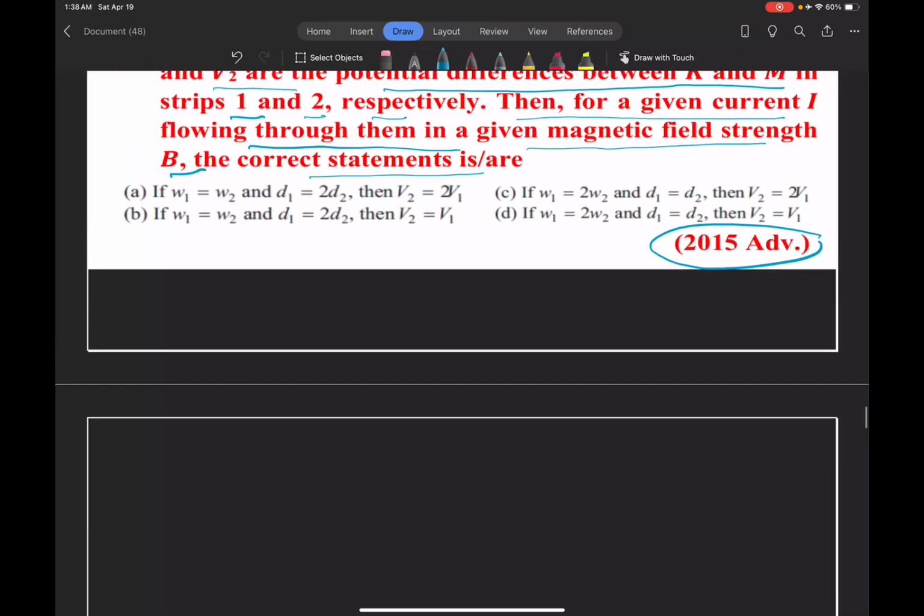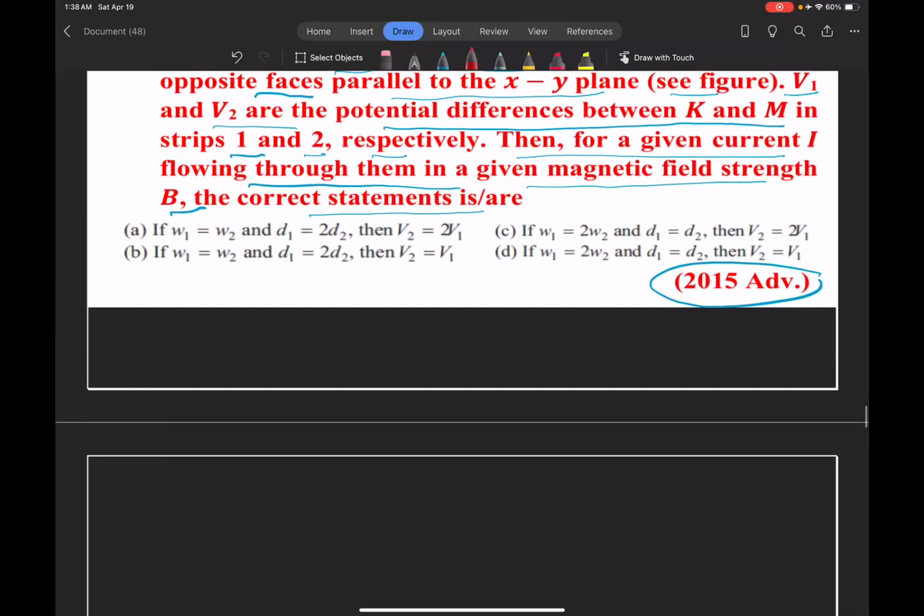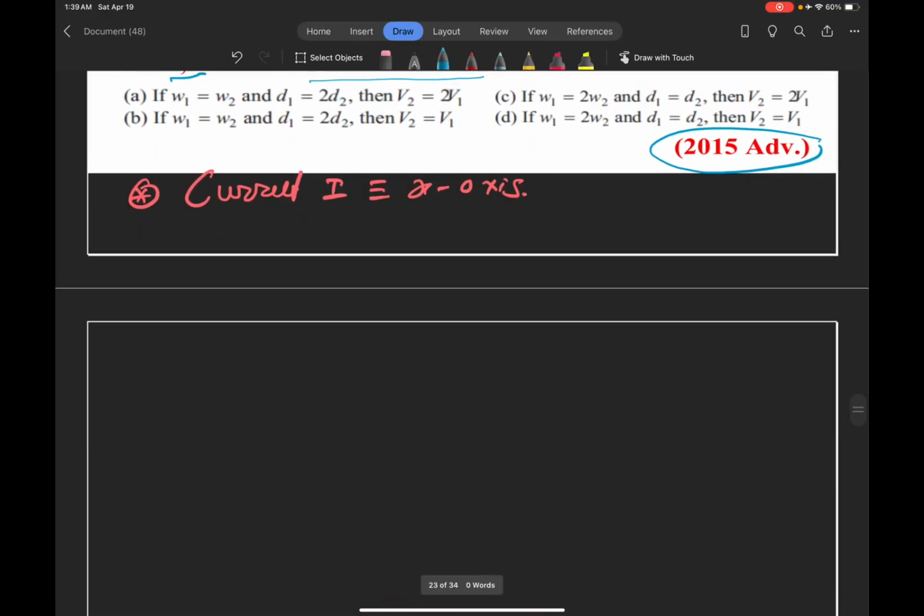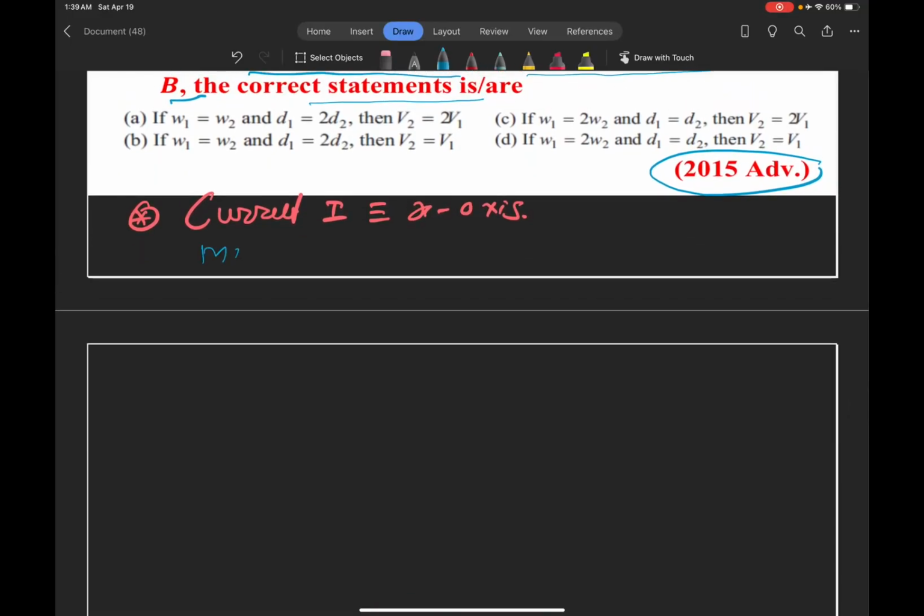We are given that the current I is flowing along the x-axis. The magnetic field B is applied along the y-axis. Because of the magnetic force, there will be charge accumulation along the z-axis, which leads to a potential difference V, and this potential difference is also called the Hall voltage.